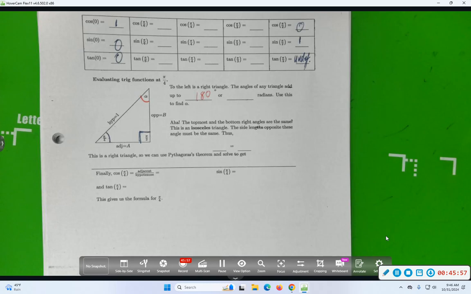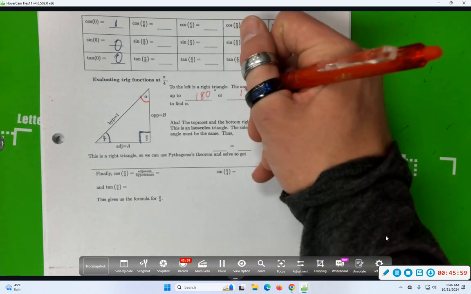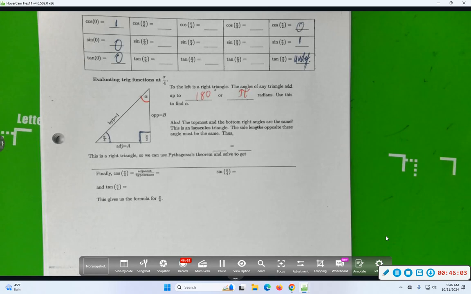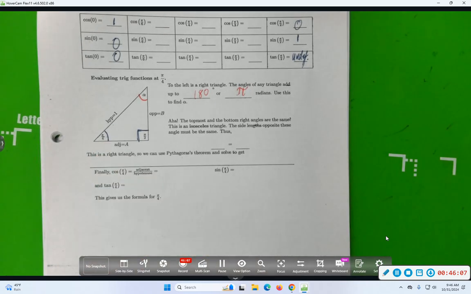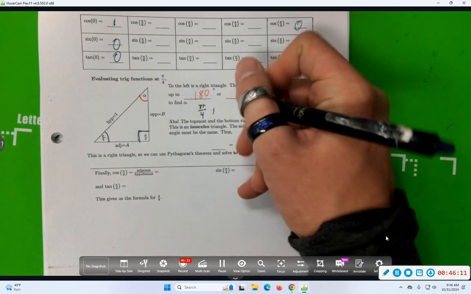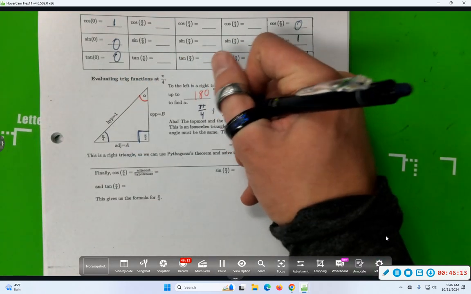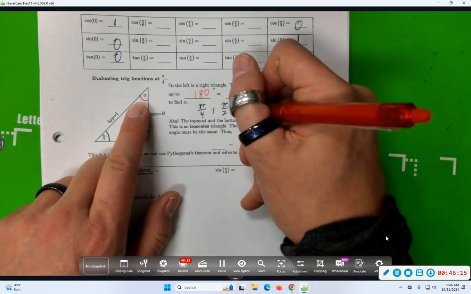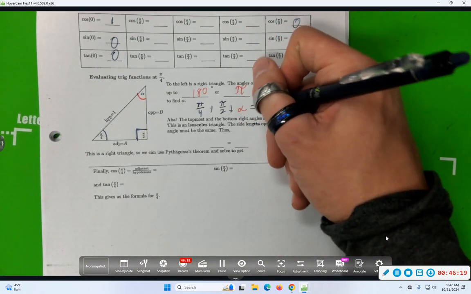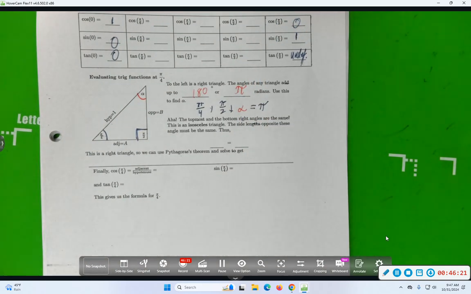Pi. Halfway around the circle is pi. Ooh, that means that this angle, pi over 4, plus that angle, pi over 2, plus this angle, alpha, have to add up to pi radians.